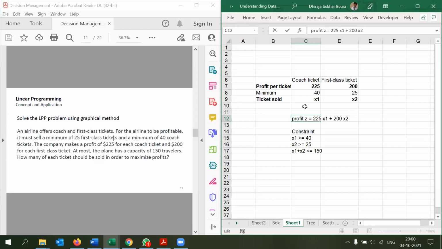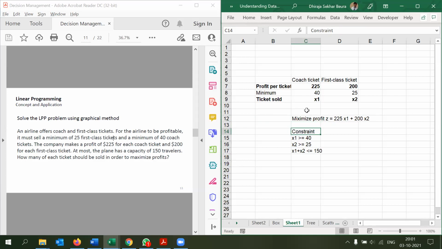And since it is a maximization, you say maximize profit. This is the structure of writing. If it were a minimization problem, you would have written minimize cost or something, Z equal to this equation. Makes sense? Yes. So this is our objective function and these are our constraint functions. Now, how to solve this?